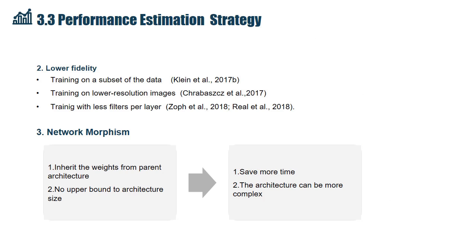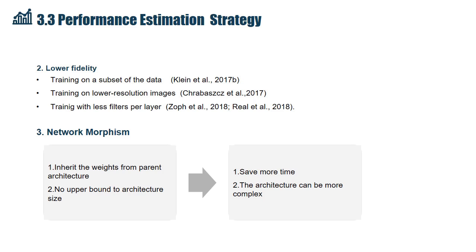And here is the performance estimation strategy. In order to generate a model automatically, we have to estimate whether the model performs well or badly. Usually, we train or evaluate the model on the whole data set, but this is really time consuming.